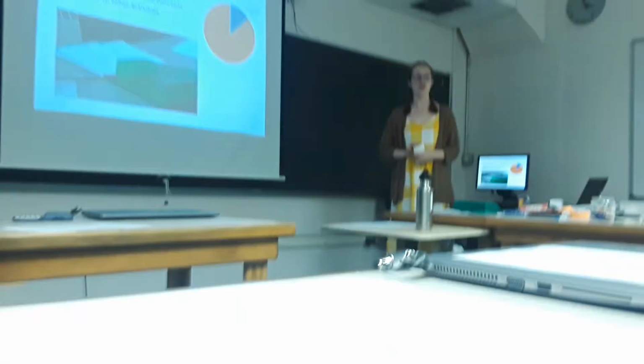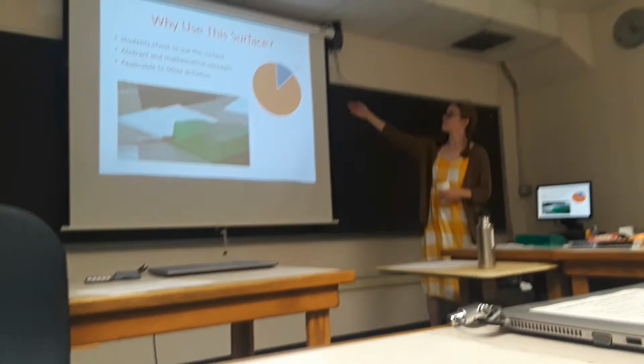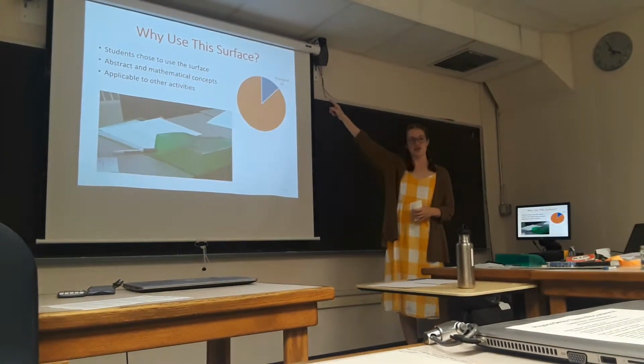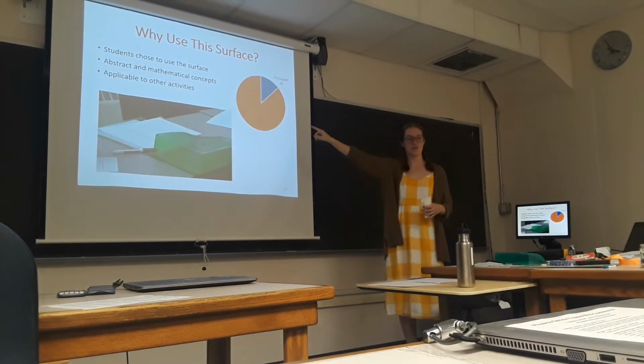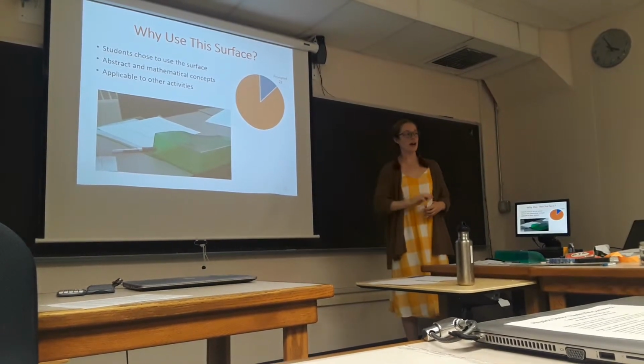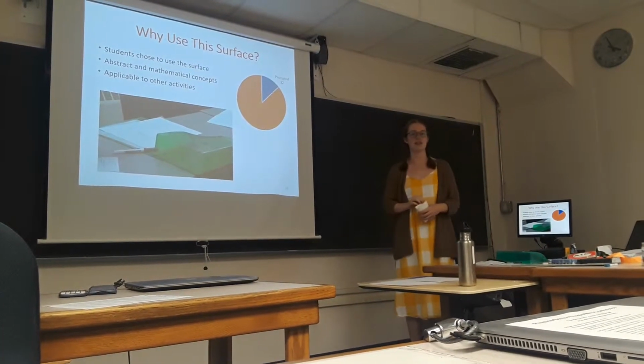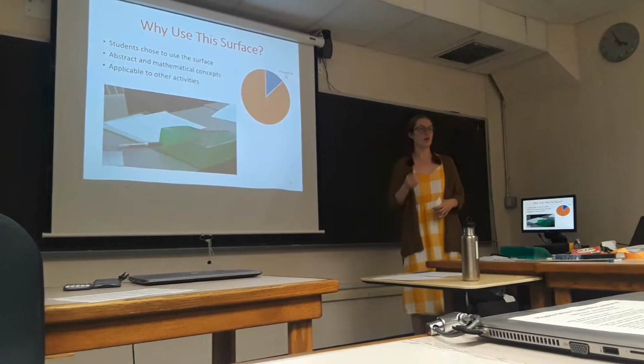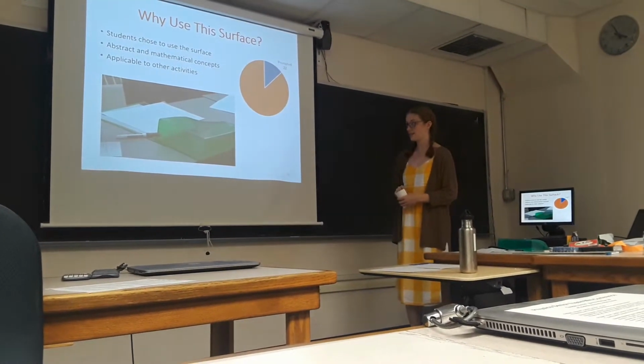So why use the surface? One of the things that I mentioned before is that students have chosen to use this surface. As you can see on this pie chart, only 22 of the actions were prompted. The other 151 actions were chosen by the students. They were not told to do those things by either myself or the instructor or the activity.